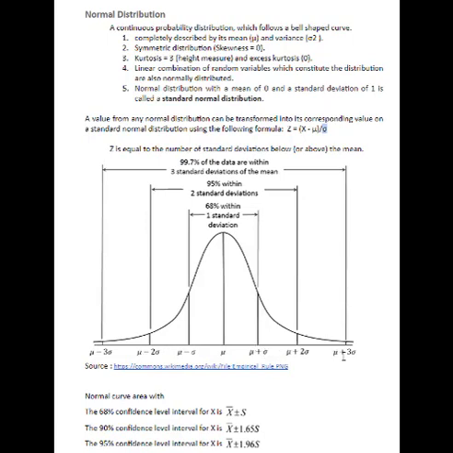When we increase to 3 standard deviations, you can see almost the entire area is covered. 99% of the data is covered within this normal distribution. This is what we're talking about.